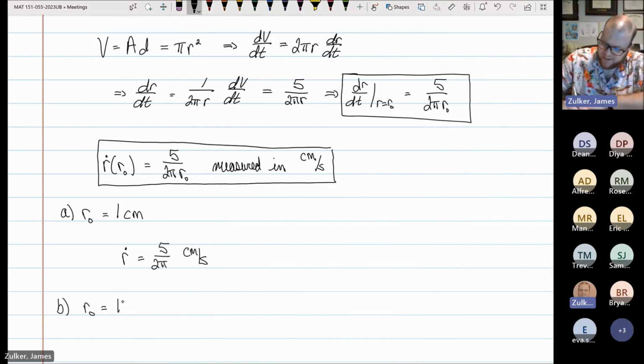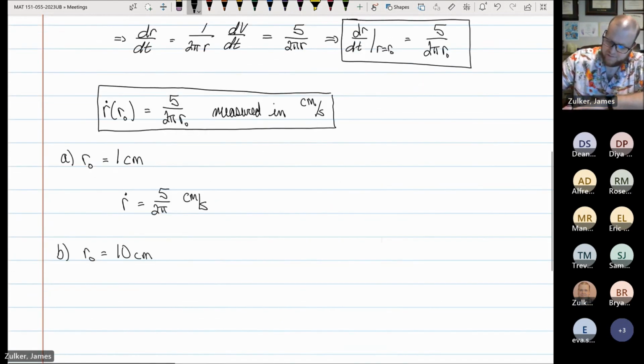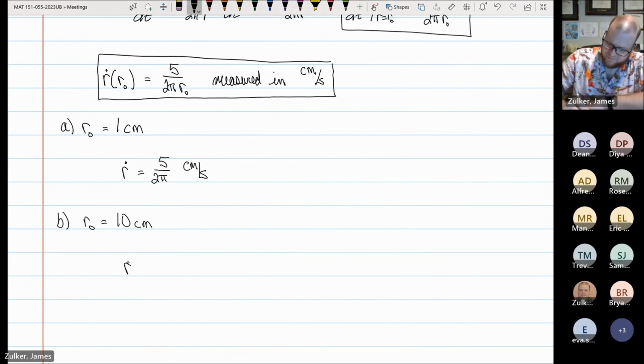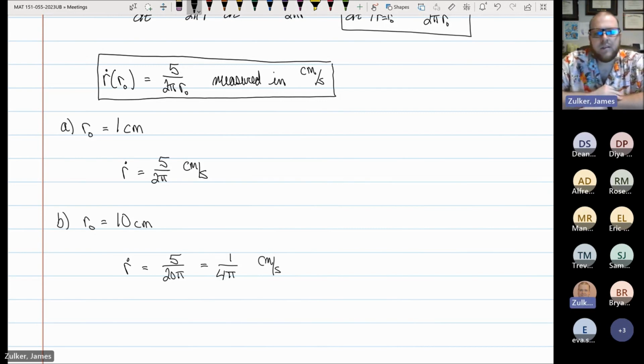Part B was 10 centimeters: 1 over 4 pi centimeters per second.